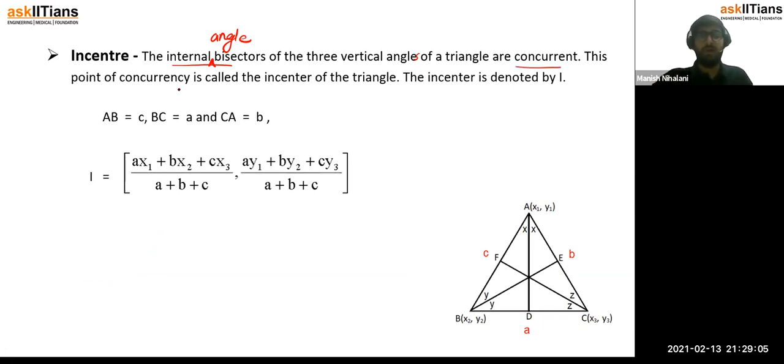This point of concurrency is called the incenter of the triangle. The incenter is denoted by I.